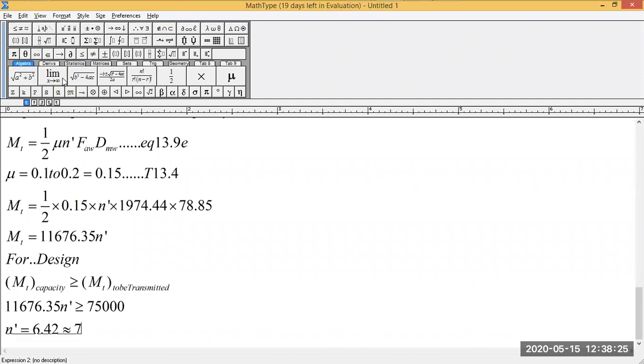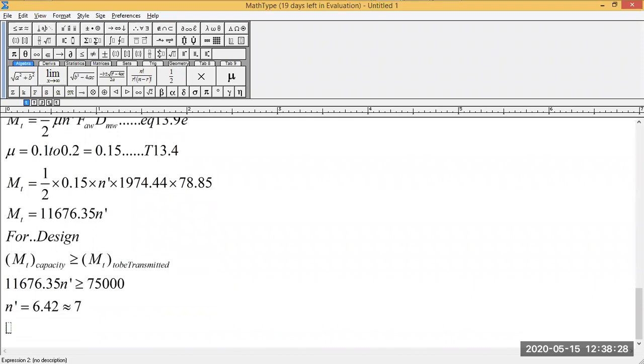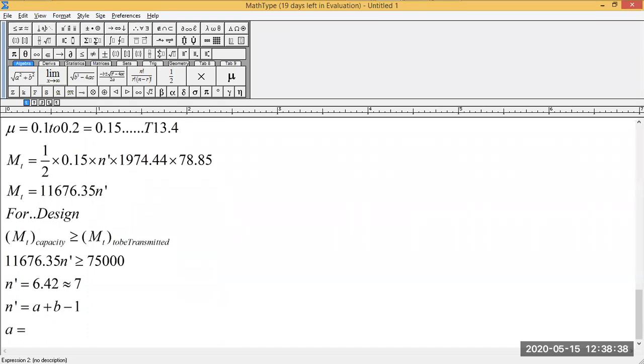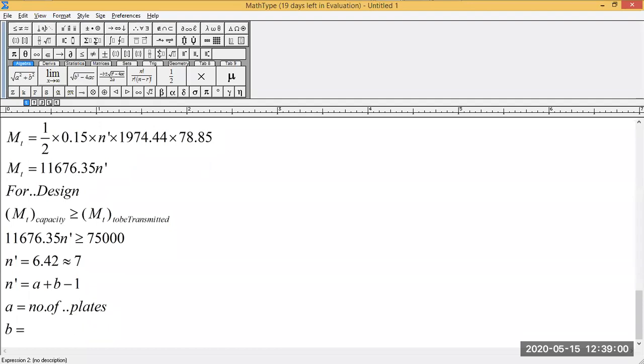There is a formula: let n dash, the number of contacting surfaces, equal a plus b minus 1, where a is the number of plates installed in a multi-plate clutch, and b is the number of friction surfaces.